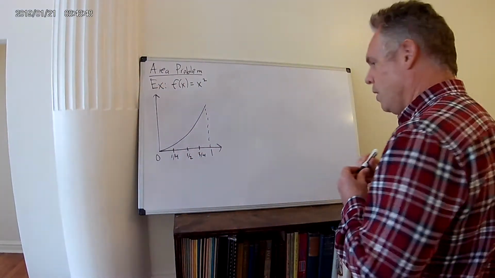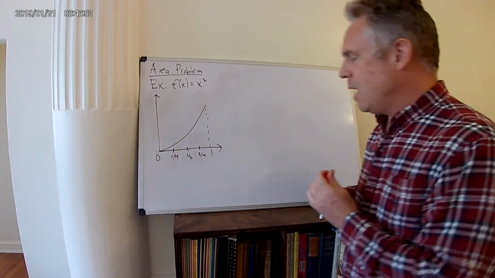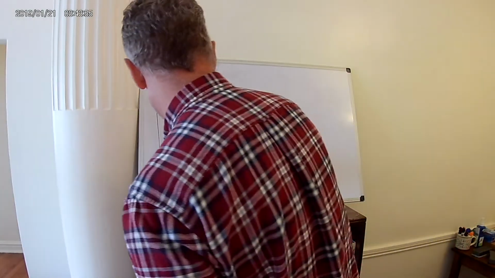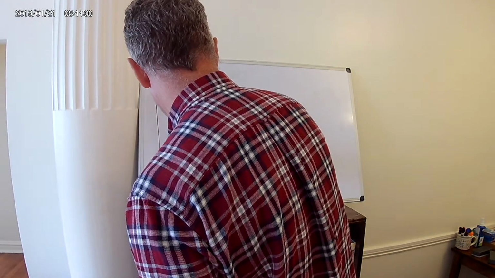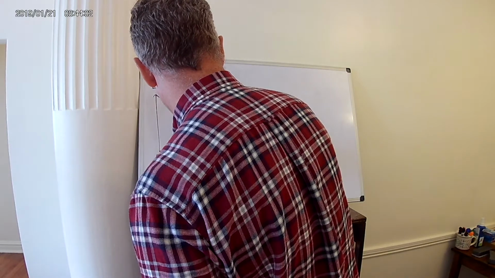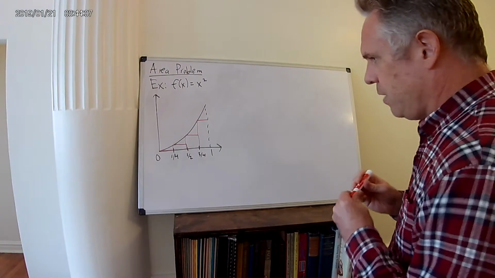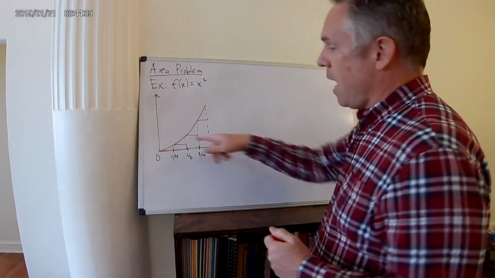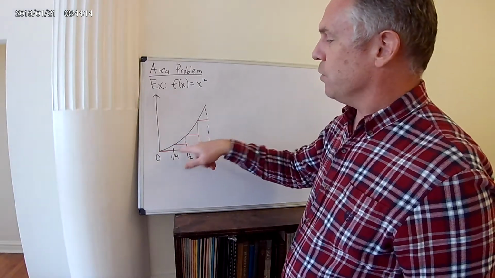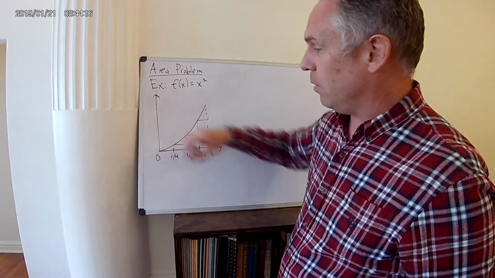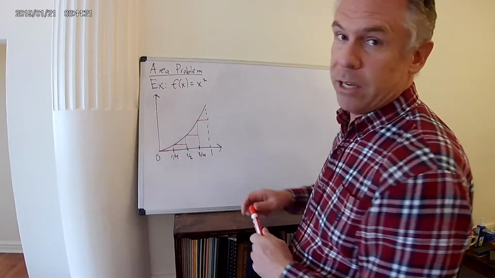But this time, I'm going to use different rectangles. In the other case, the height of the rectangle was determined by the right endpoint of my interval. But in this case, I'm going to use the left endpoint of my interval to define the rectangles.